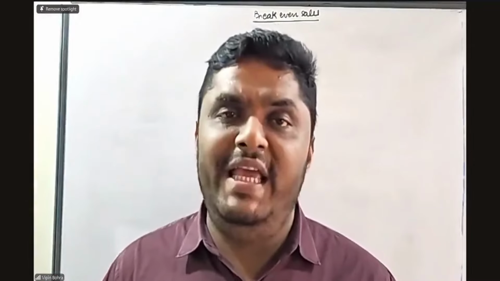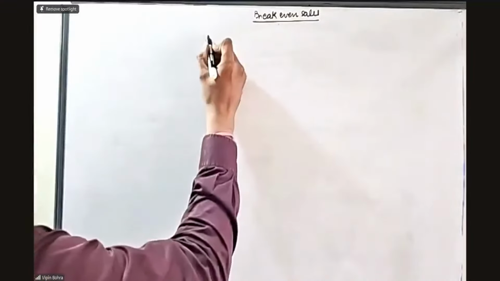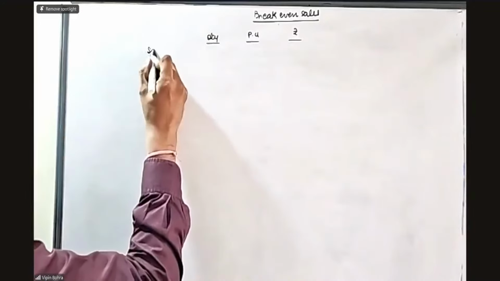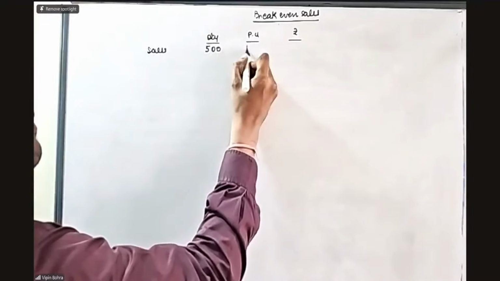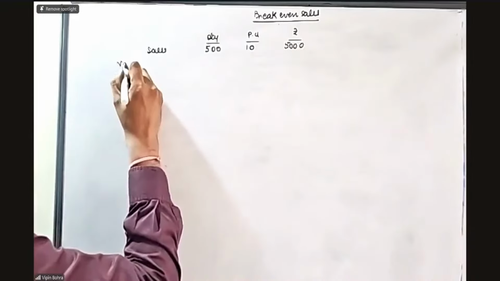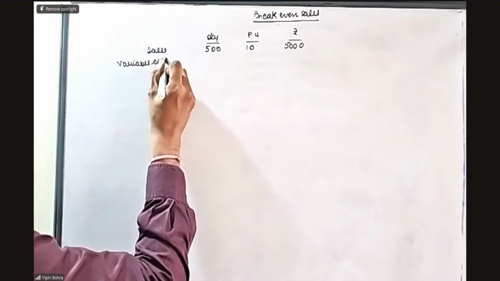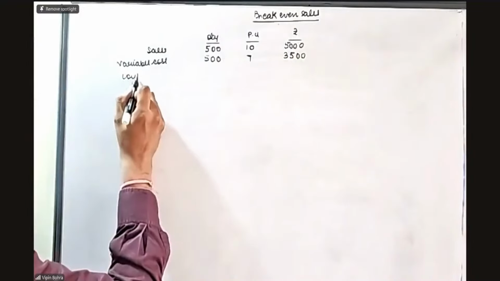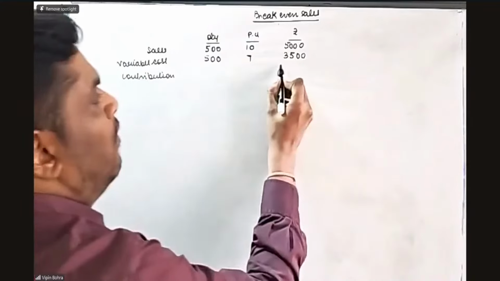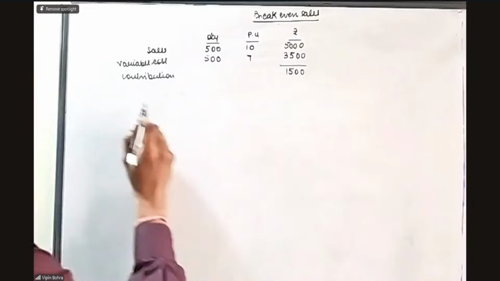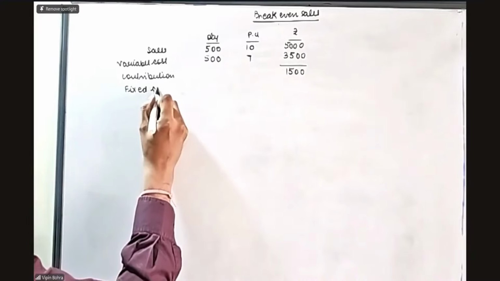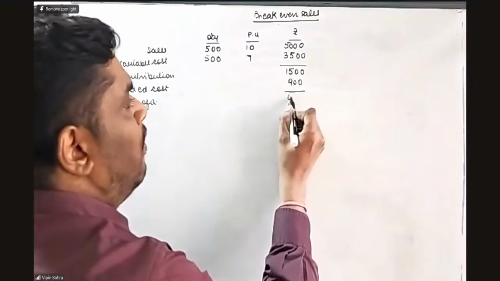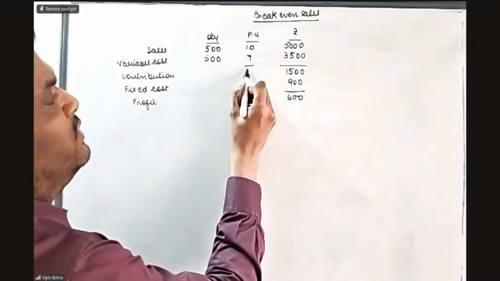So let's take one more question on break-even sales. My contribution per unit is rupees 3.